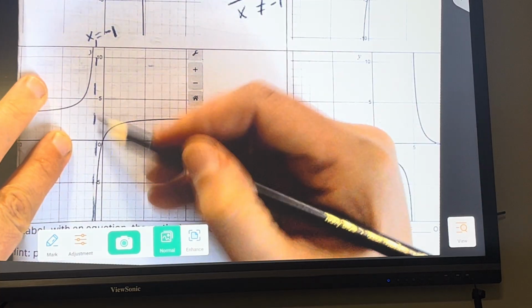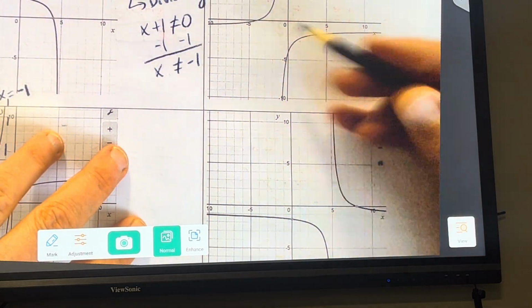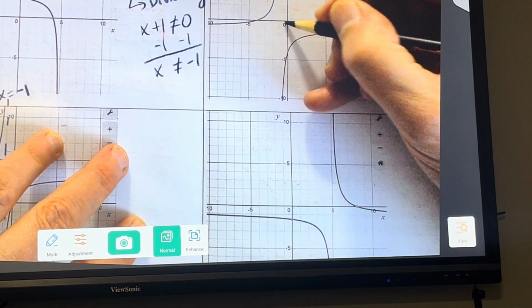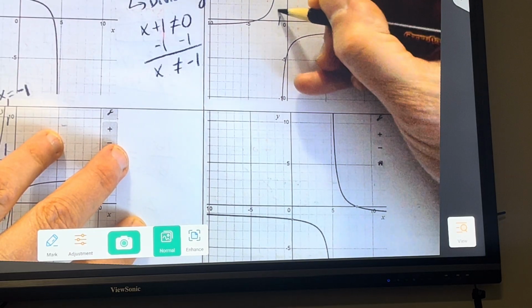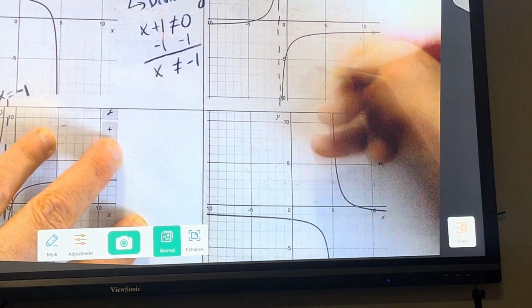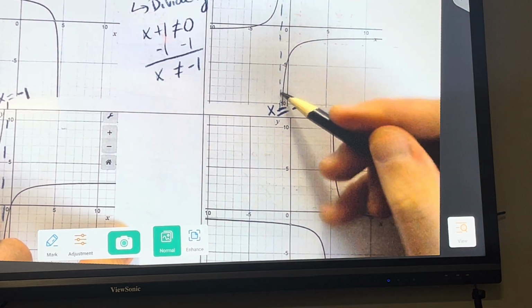Notice that the graph is blank at x equal negative 1. We have the same thing on this graph at x equal negative 1. Let's see here, right here. The graph is blank. We have a vertical asymptote.